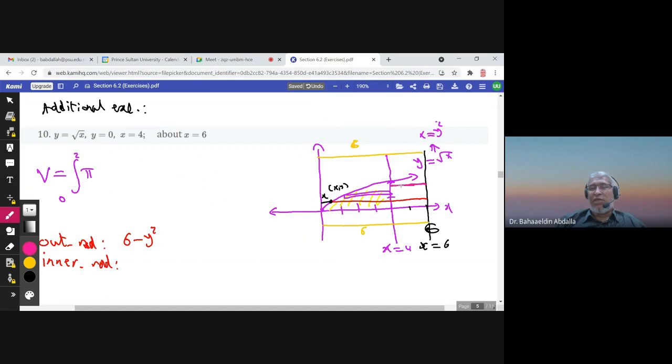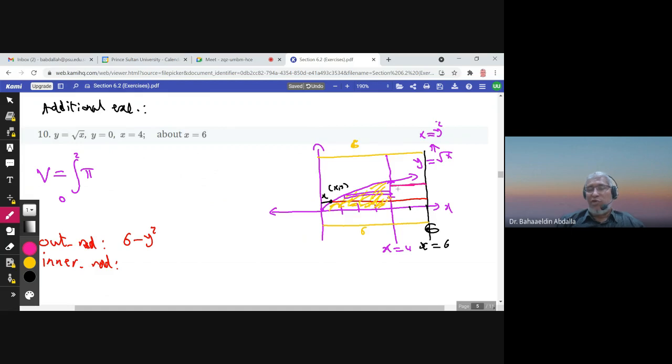This is the inner distance because we are rotating this region about the line. So this is empty, okay? So make sure that you understand that that's the region we are rotating about the line x equals to 6. So this is the inner radius.